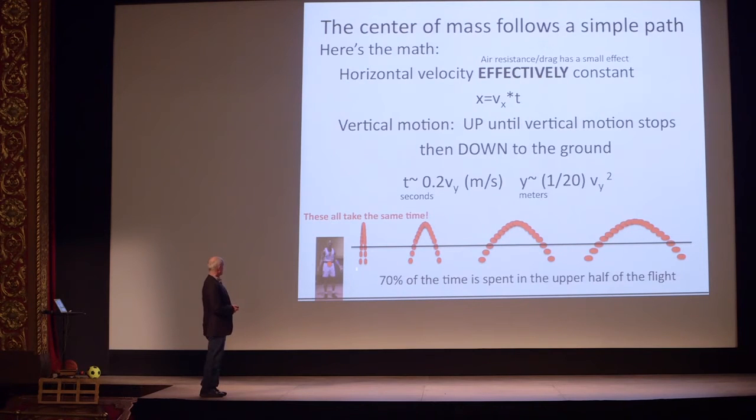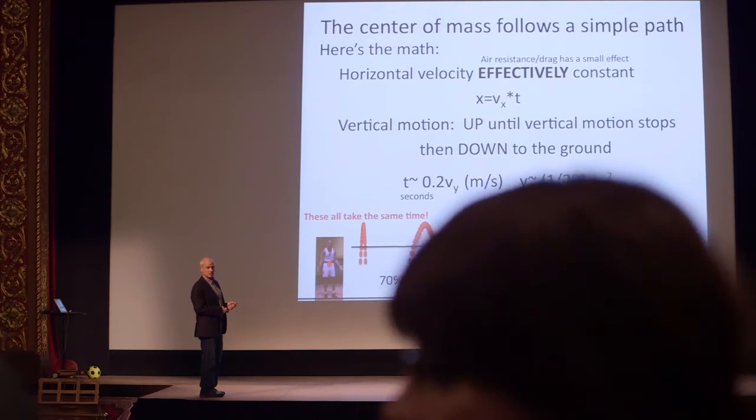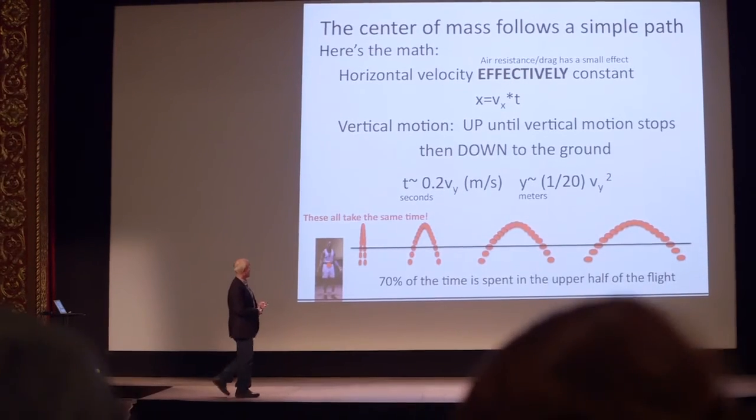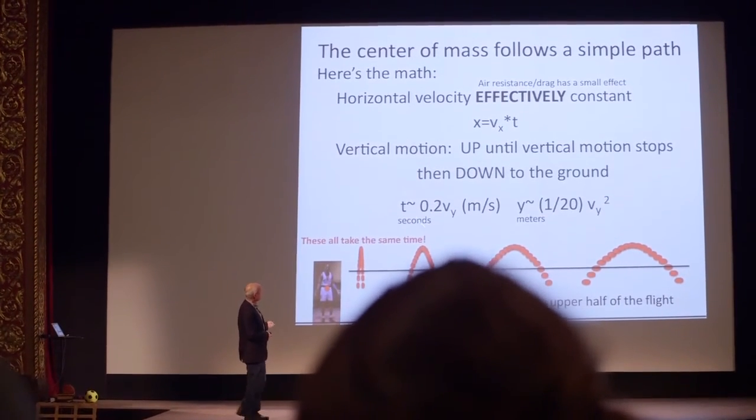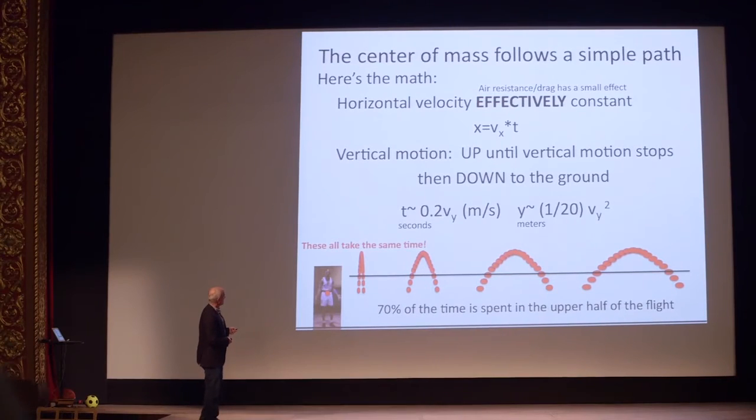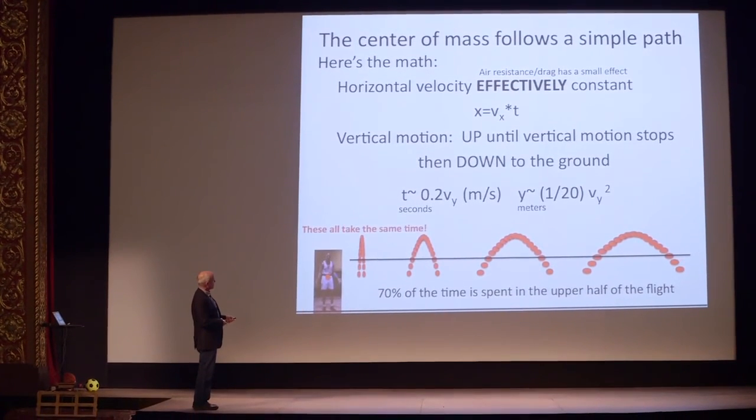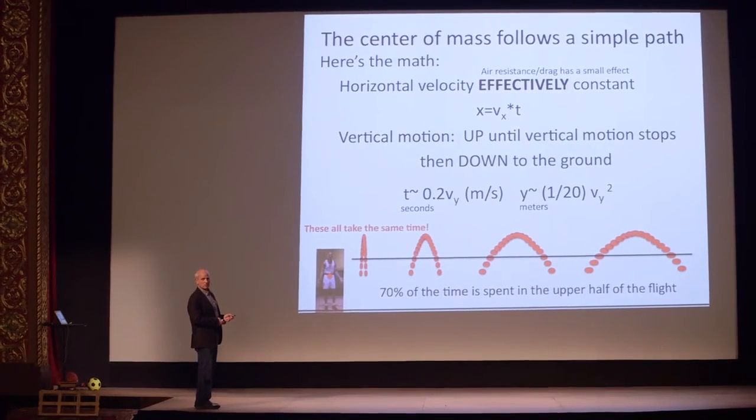So this is an isolated or special case that I've drawn here, where the same height in everyone means the same amount of time in the air. That is embodied in this right here, which is that the time and the distance only depend on the initial vertical velocity.